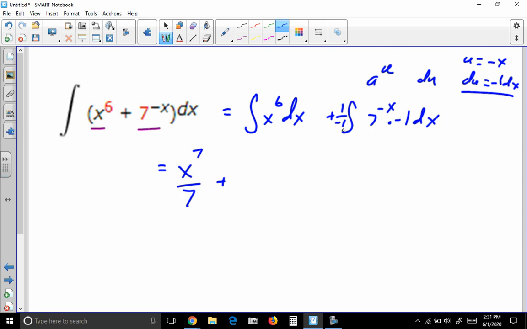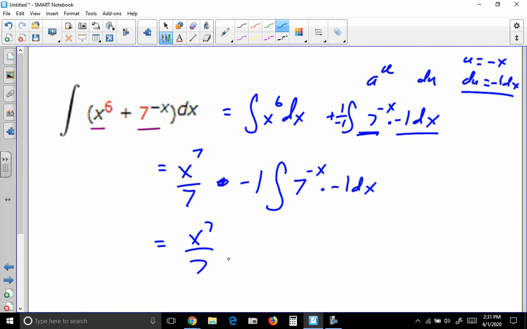So that we have 1 over negative 1, or minus 1, times the integral of a to the u du. And we said that that integrates into 1 over natural log of the base times a to the u plus c.